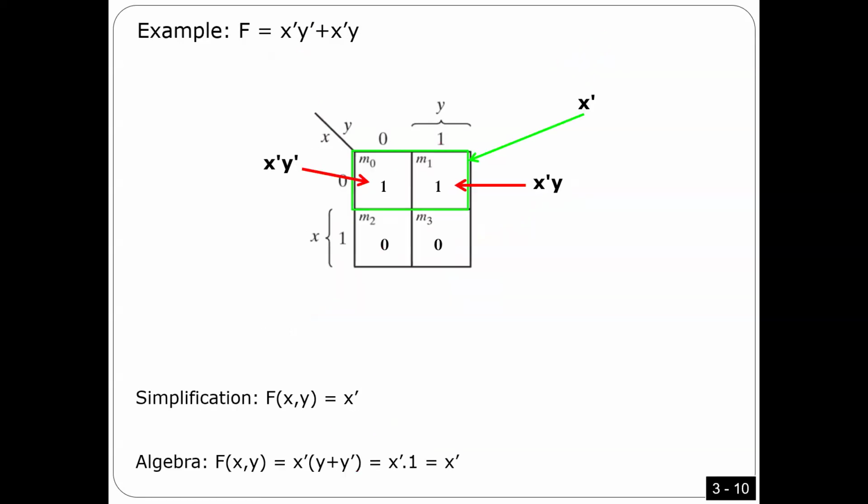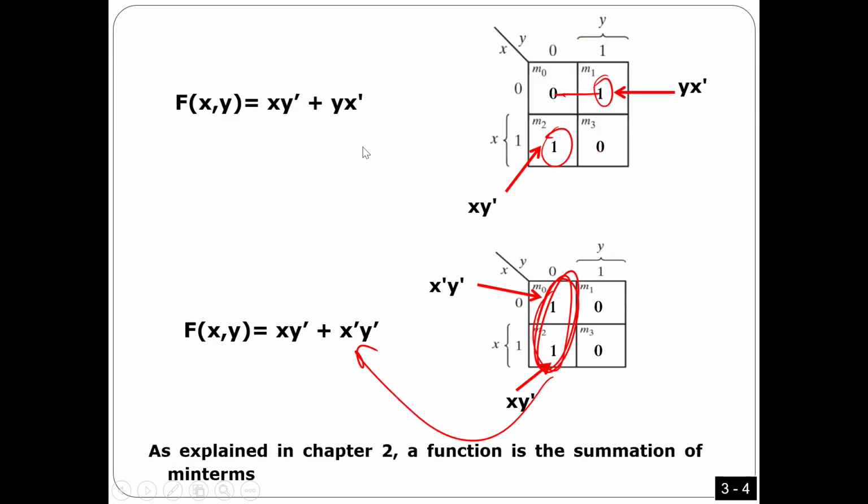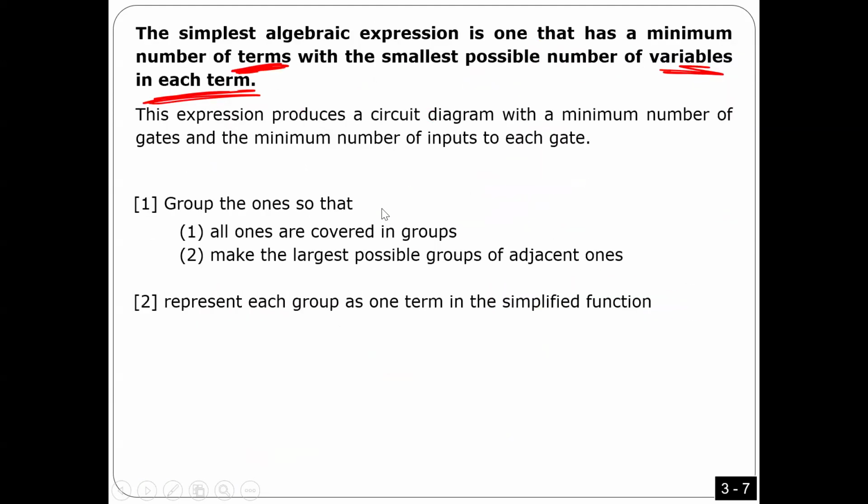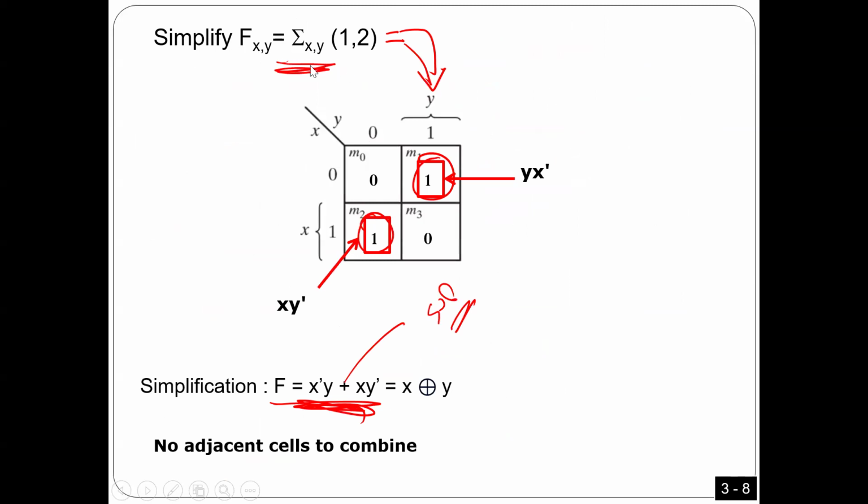But anyway, let's look at this one here. Same thing, I'm going to say it again. I give you this one and ask you to simplify. The first thing you have to do is use the way I defined the function. In the first example, I gave you a truth table, and you need to know how to map it to the K-maps. Same thing here: I explained that if I give you the function in terms of minterms, this is how you map it.